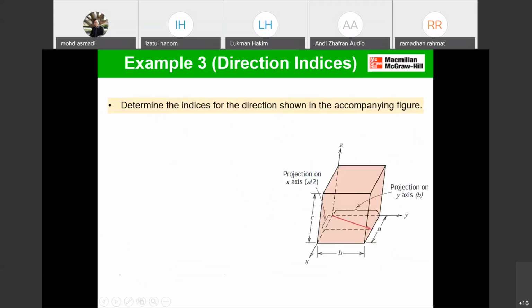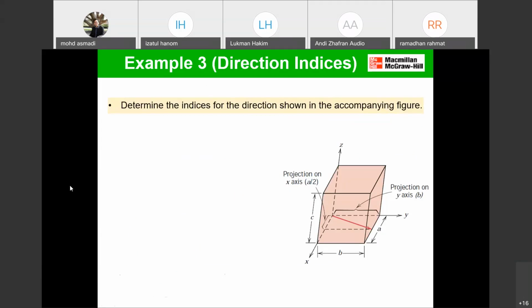So let's see example 3, direction indices also. Determine the indices for the direction shown in the accompanying figure. If you look here, the projection of the vector onto the x, y, and z axes.